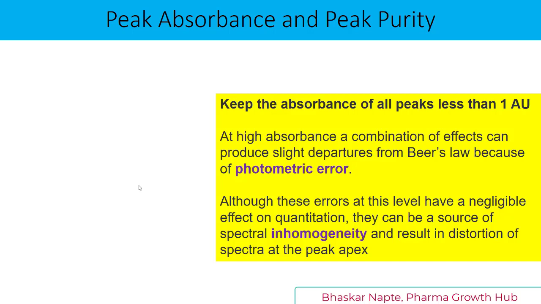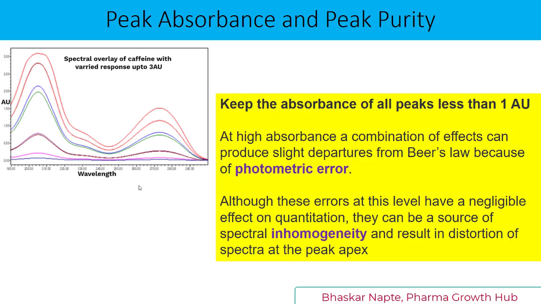The problem is that because of the saturation of the response above 1 AU, the characteristics of the peak apex spectrum itself will get changed. So there may be a complete error in the calculation of the peak purity. So you must look into the peak height.